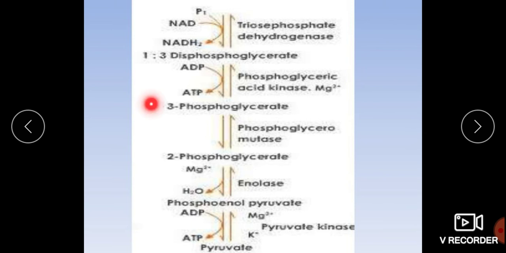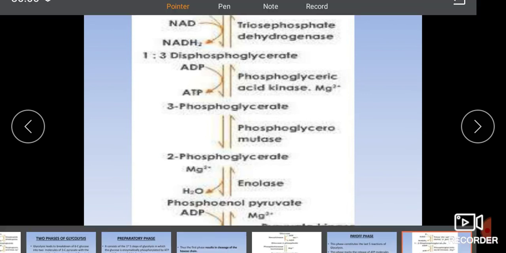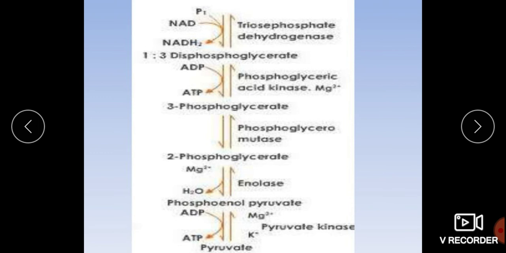The 3-phosphoglyceric acid gets isomerized into a 2-phosphoglycerate. These two compounds have the same molecular formula, but they show a different structural formula. Here the phosphate group is on carbon atom number 3.